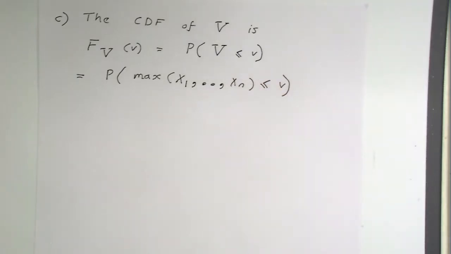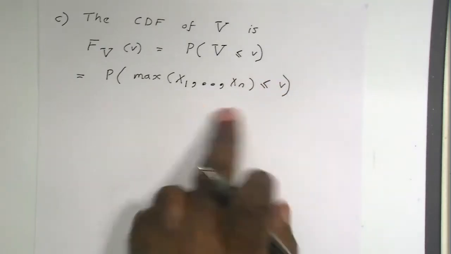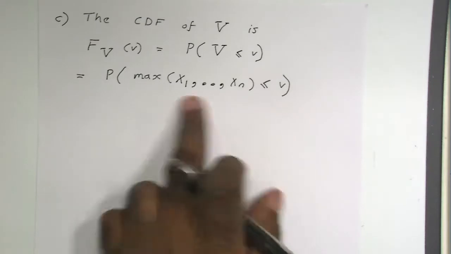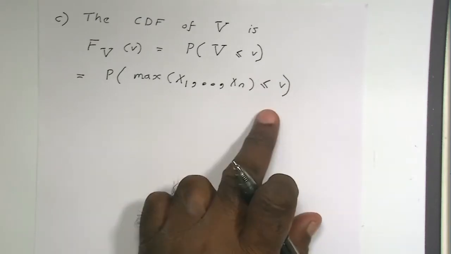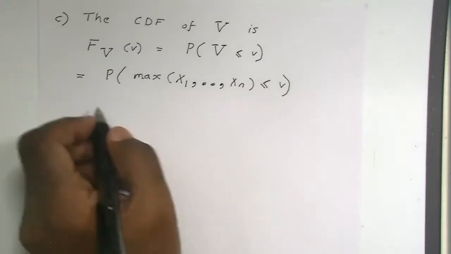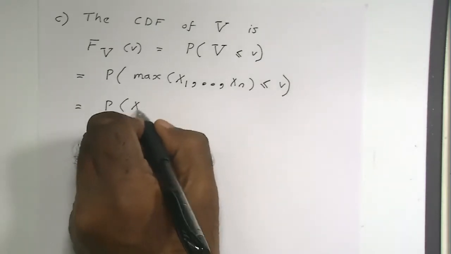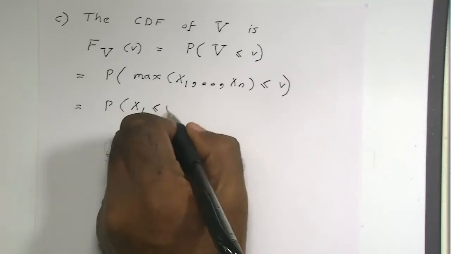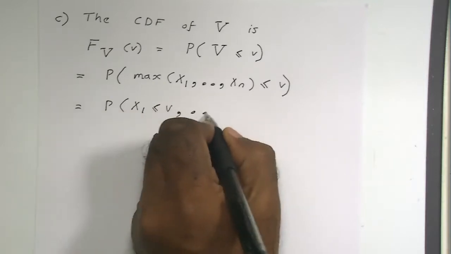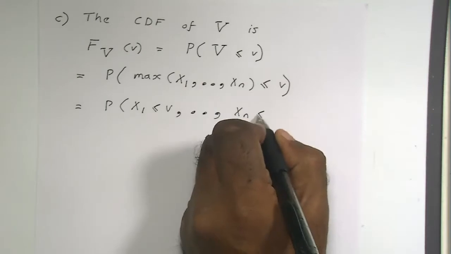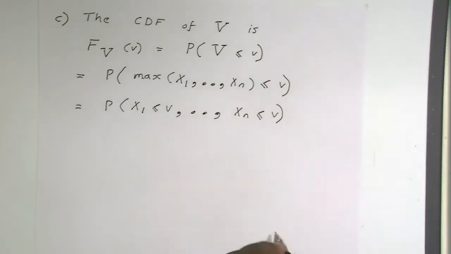Okay. Now, if the maximum is less than or equal to V, then it implies that each of these x's has to be less than or equal to V. Okay. So this would be the same as saying that x1 is less than or equal to V up to xn is less than or equal to V. All right.